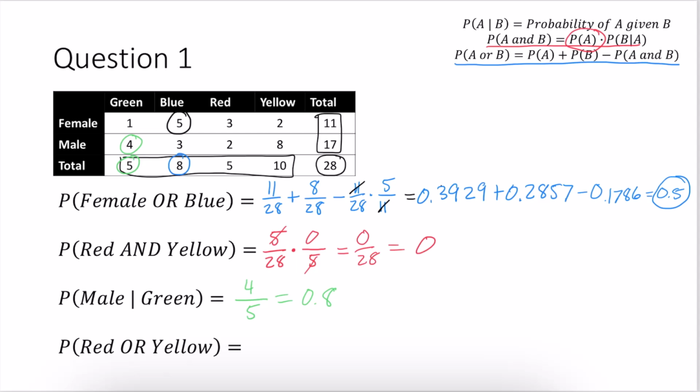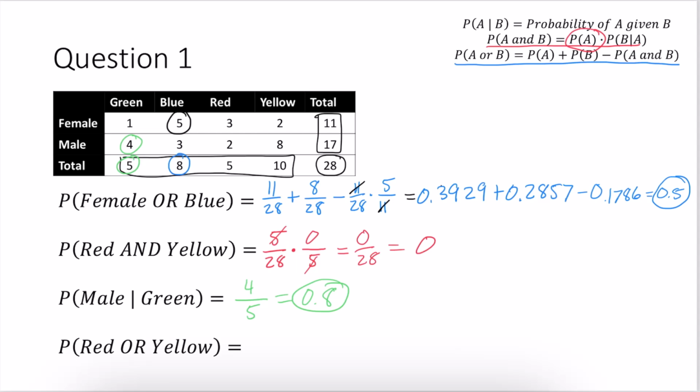So that would be how you would solve this one. And most of the time, we don't do given probability just by itself. Most of the time, it's done in the context of the AND formula. But sometimes you might get some problems where you just have to find the given probability. So that's how you do that one.